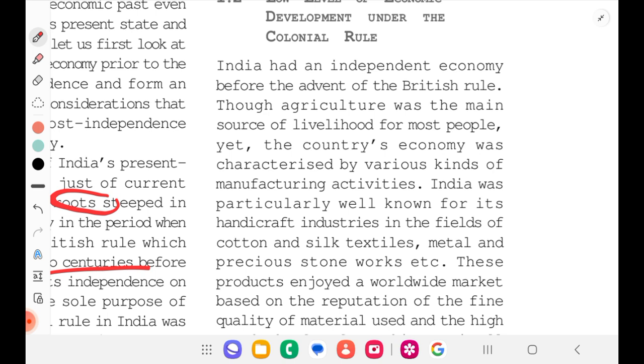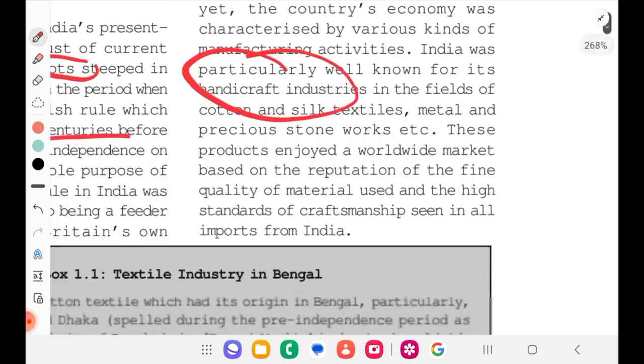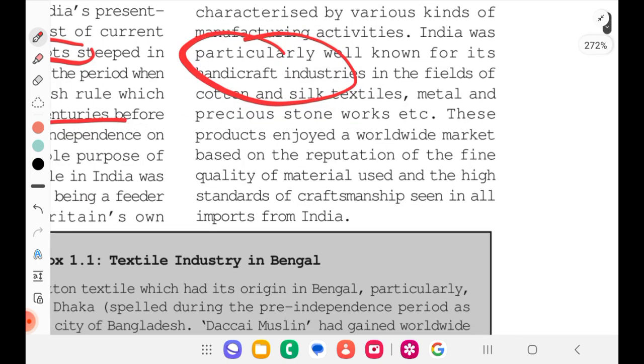India was particularly well known for its handicraft industries in the field of cotton and silk textiles, metal, precious stones work, etc. These products enjoyed a worldwide market based on the reputation of the fine quality of material used and the high standards of craftsmanship seen in all imports from India.